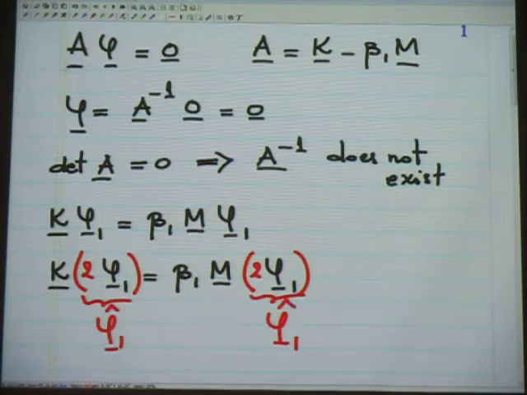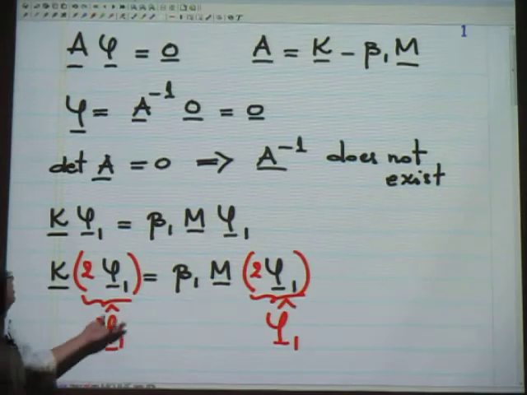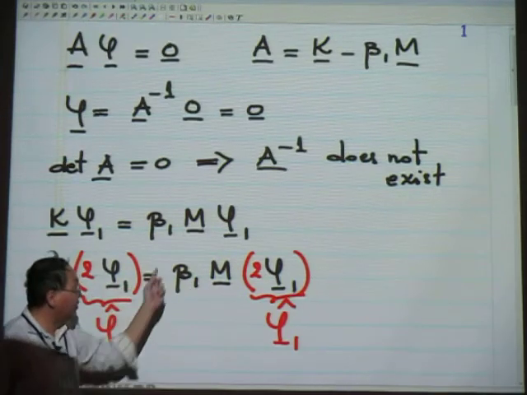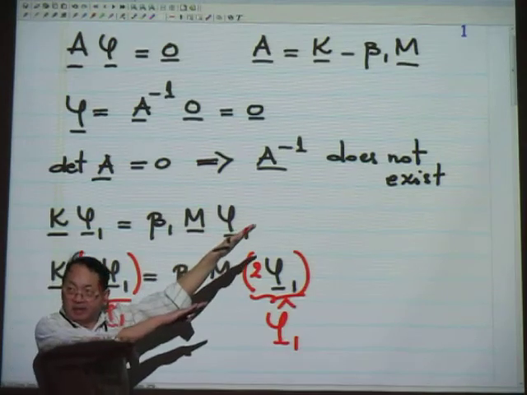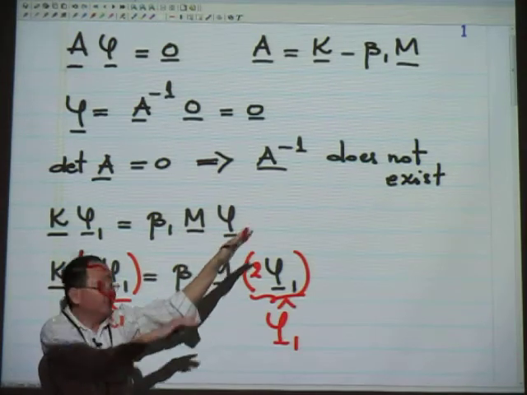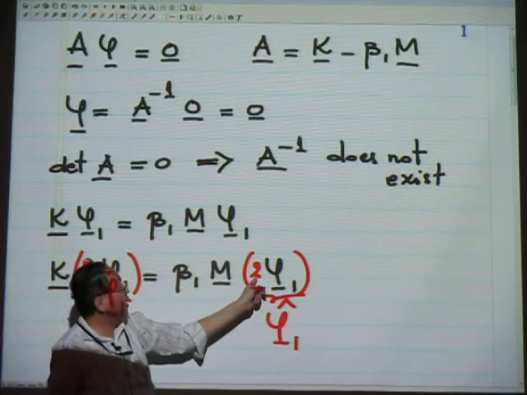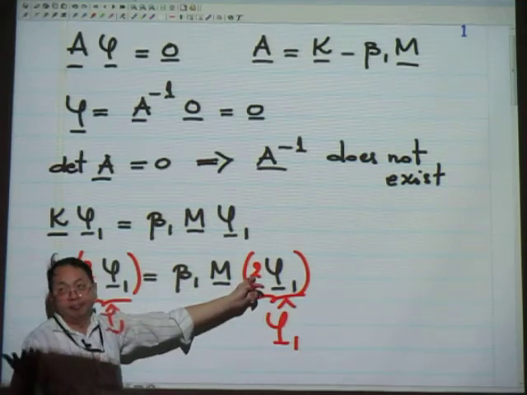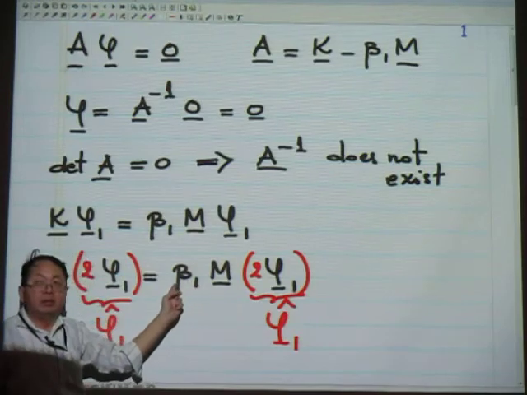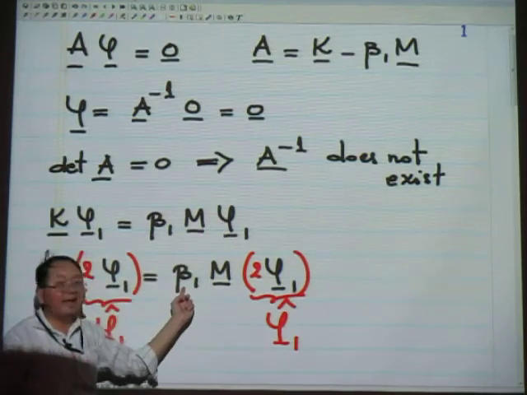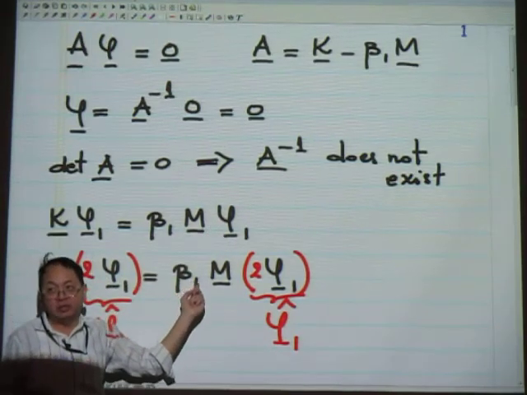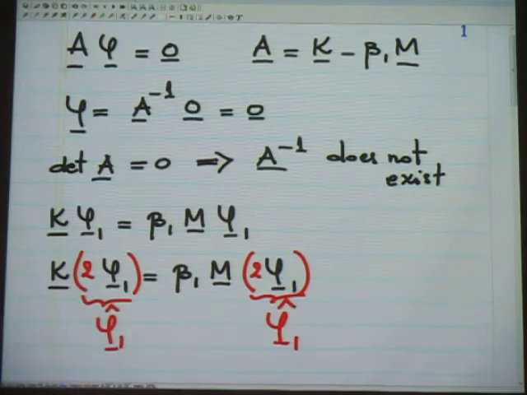This relation says that phi1 hat is still an eigenvector. It's not the same eigenvector, but these two eigenvectors are parallel, collinear. Phi1 hat differs from phi1 by a scalar. But both phi1 and phi1 hat have the same eigenvalue beta 1, which is equal to 4. Okay, so that's really what it means.